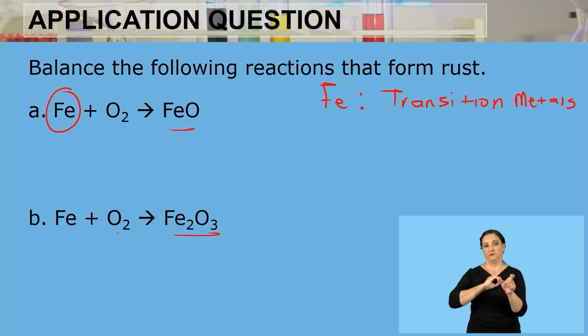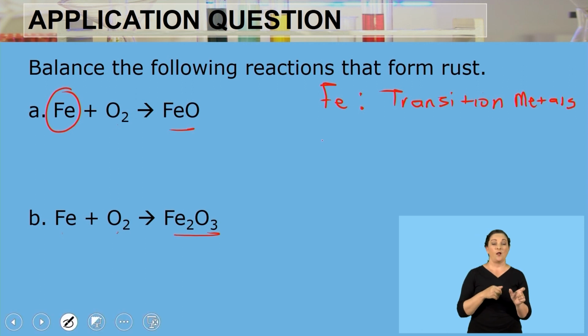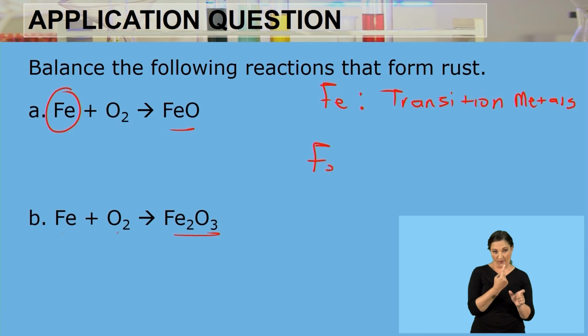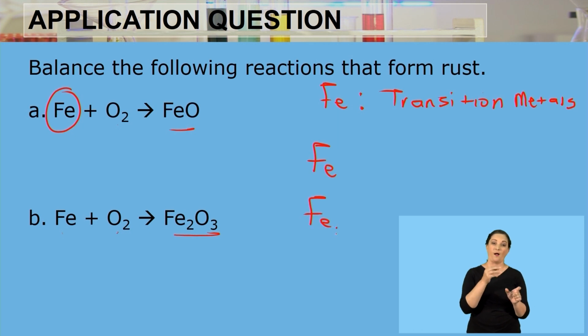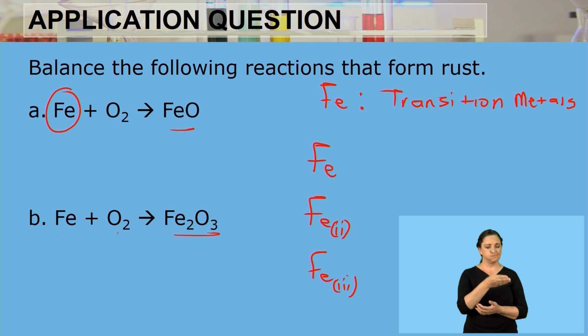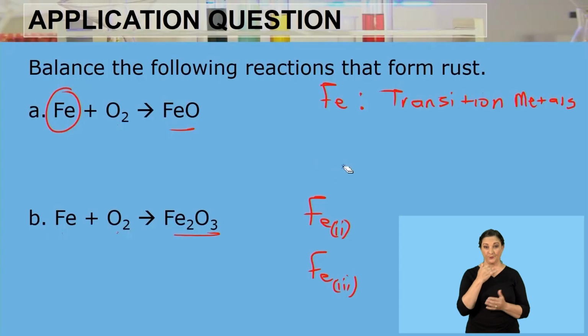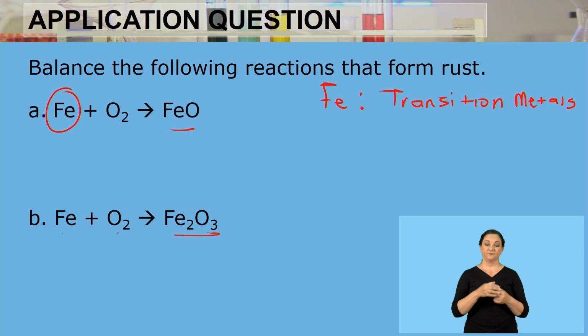Whereas in this one, we have used iron 2. How do we write it? Iron 1 is Fe with the Roman numeral I, iron 2 is Fe with the Roman numeral II, and iron 3 is Fe with the Roman numeral III. That's the difference. Since iron is a transition element, it can exist in different states, so the iron used in these two equations is different from each other: iron 1 and iron 2.